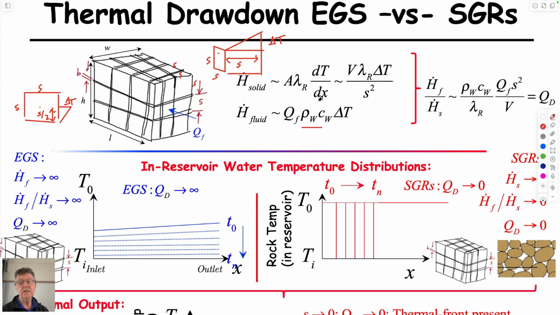And so if you combine those together, you could write that area is equal to volume divided by S, right? Volume is S cubed, divided by S gives you an area. So that's where this comes from. Thermal conductivity, delta T, and this S from here, and also S from here.